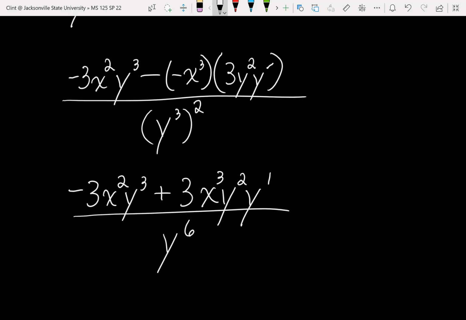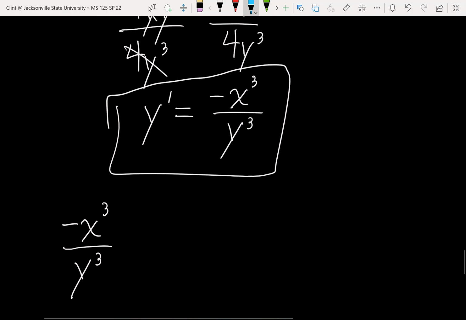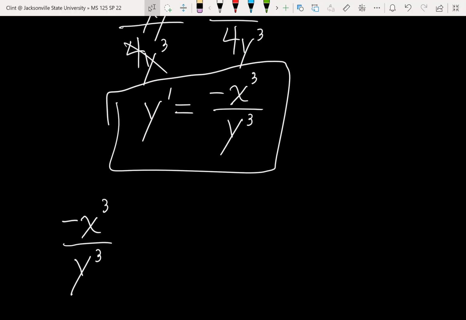We're trying to find y double prime, so we don't want a y prime in our answer. But we know what y prime is, we've got an explicit formula for it. We said y prime was negative x cubed over y to the third.